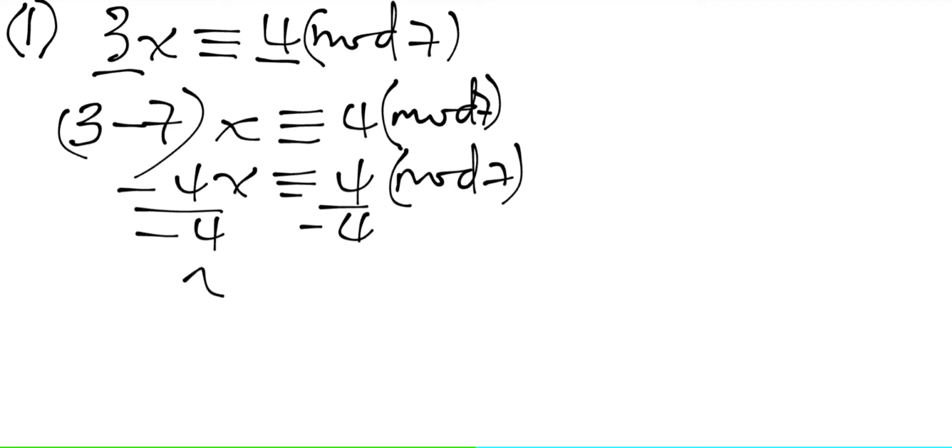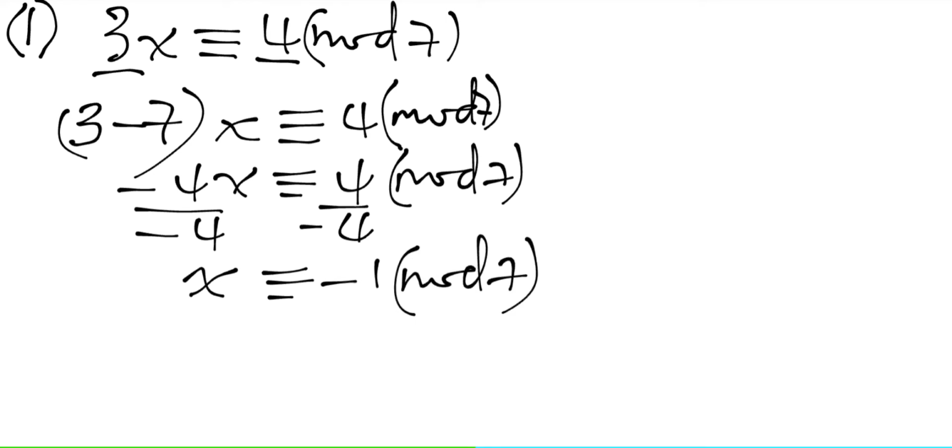So this gives now x congruent to negative 1 mod 7. Now congruences have solutions only in the set of integers, and usually the solution is in the set of integers modulo 7, or the set of residues modulo 7.